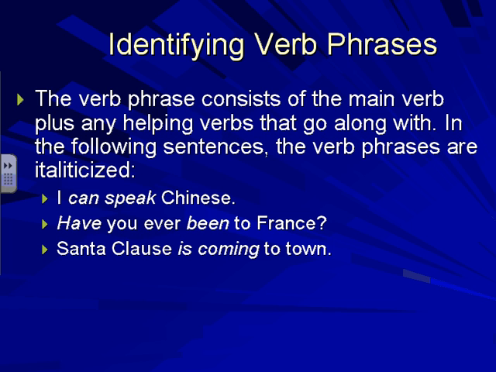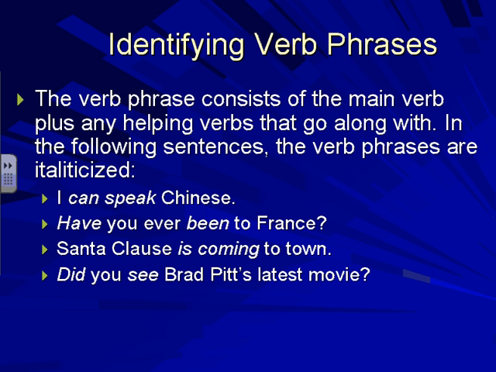Ha ha. Santa Claus is coming to town. Coming is the main verb, is the helping verb. Did you see Brad Pitt's latest movie? See is the main verb, did is the helping verb. Did see is the verb phrase.